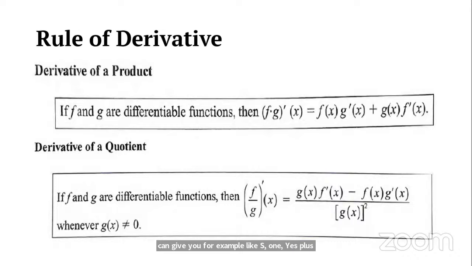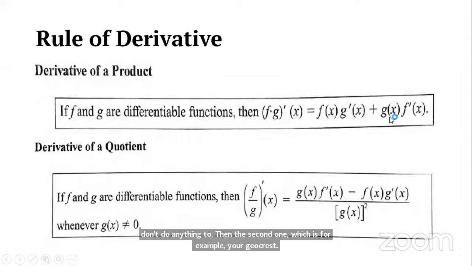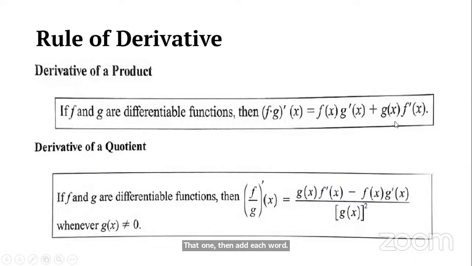So you consider one of the functions in brackets as your F and the other one as your G. Then the two functions, you keep the first function intact. You don't do anything to it. Then the second one, for example, your G of S, you differentiate that one. Then you add it to the G of S, and you multiply by the derivative of the first one.